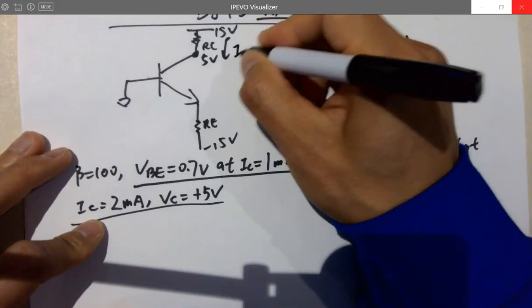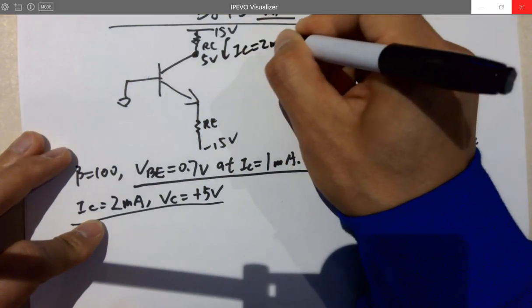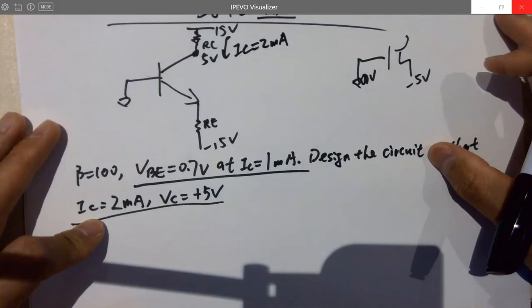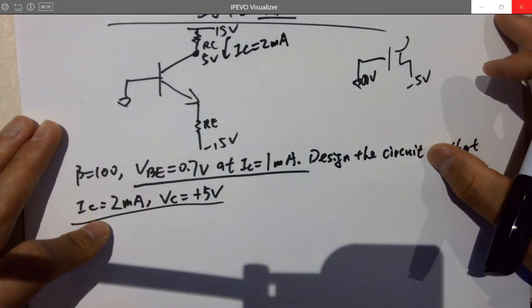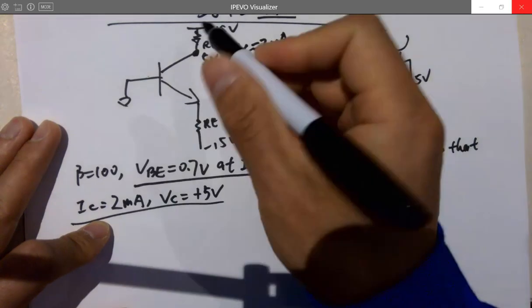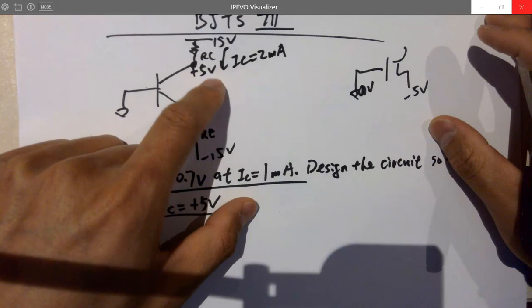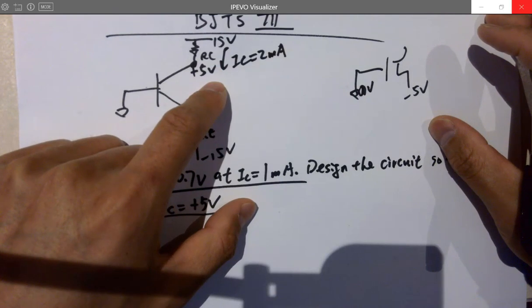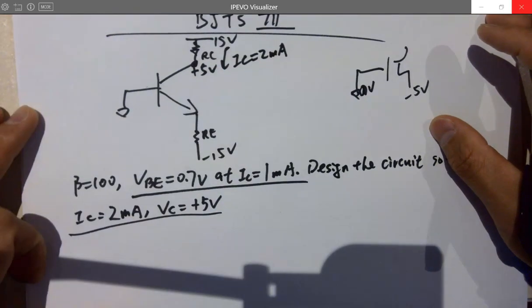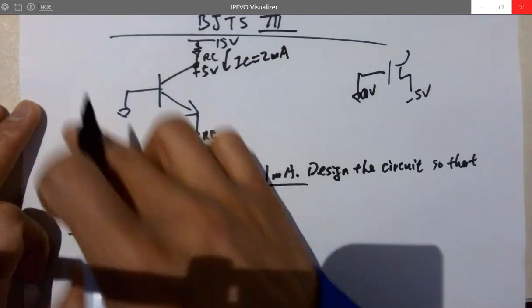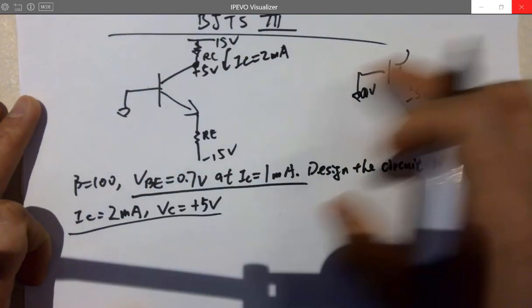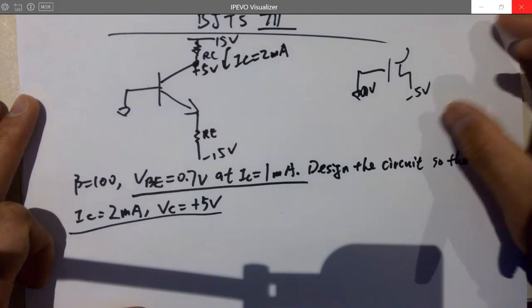And when IC is 2 milliamps and VC becomes 5 volts, what is this telling you? You don't have to care about these ones here yet. And now we can directly calculate for RC. Is that correct? So what is RC?